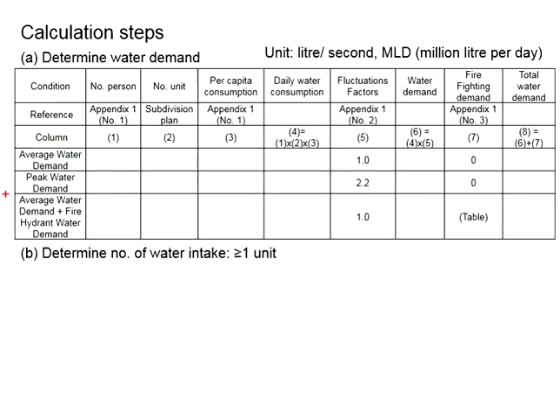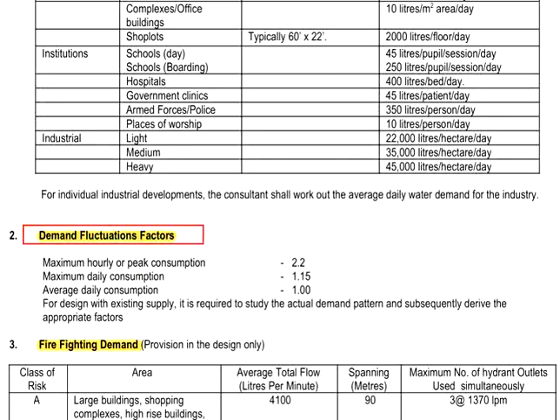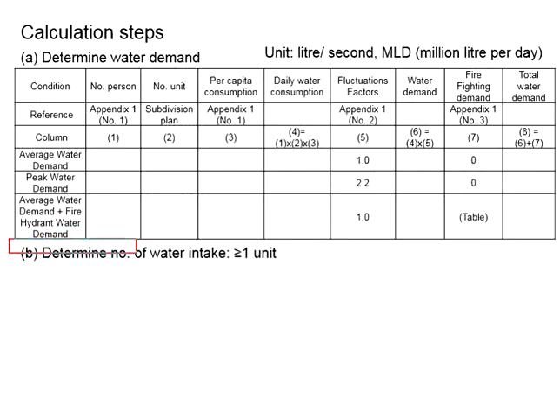And then for the average water demand plus fire hydrant water demand, 1.0. There is one more factor for the maximum daily consumptions, which is 1.15. You can actually create an additional row for that with the fluctuation factor of 1.15.